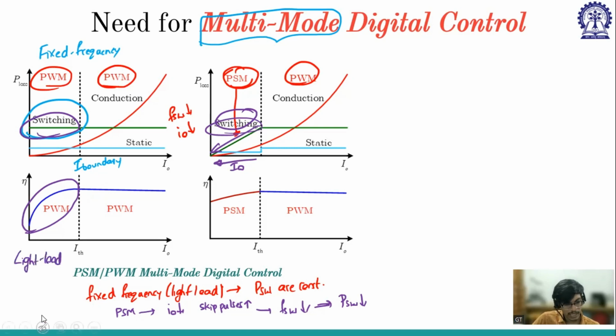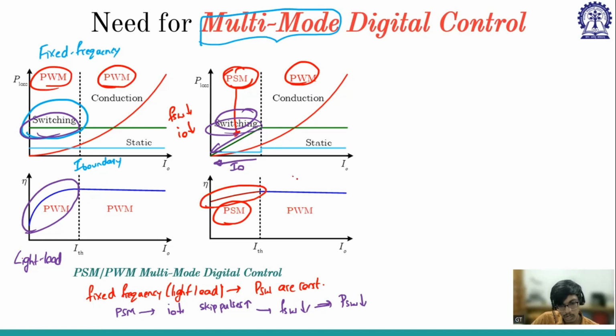Now we are replacing that PWM with PSM. What it does is reduce the switching loss. So if my I0 is, say, 0.1 ampere, my switching losses will be very small because the switching frequency will be very much reduced. There will be losses, but not as much as in the case of PWM. So it is much superior to PWM.